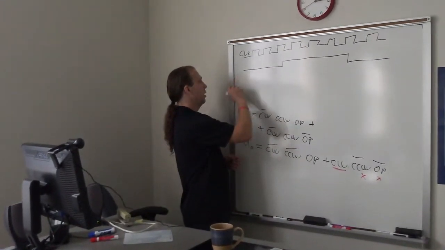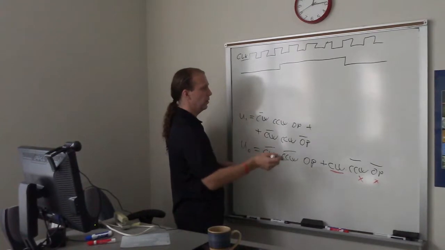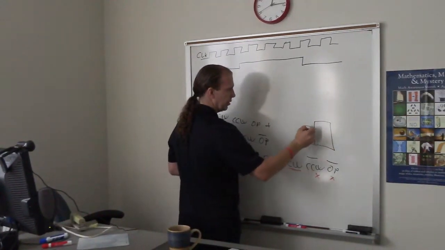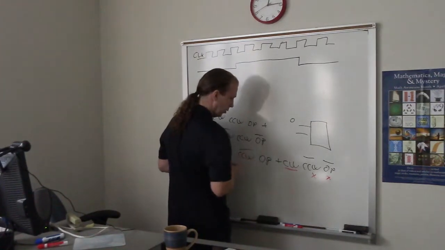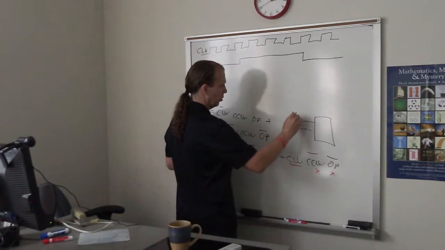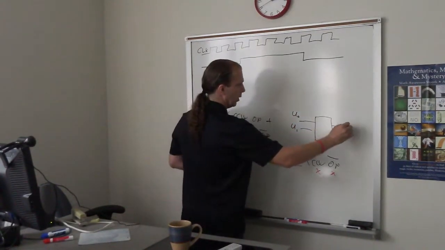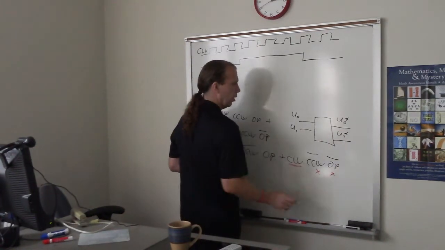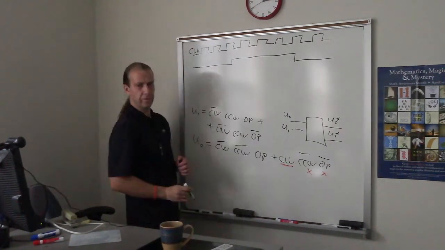And let us consider that block that has U0, U1 as inputs and U0 star and U1 star as outputs, having the following logic.